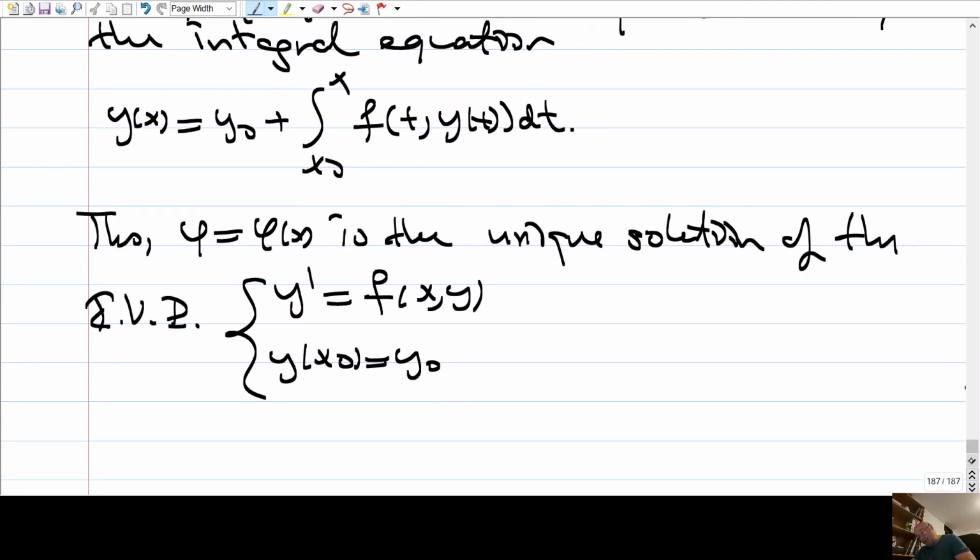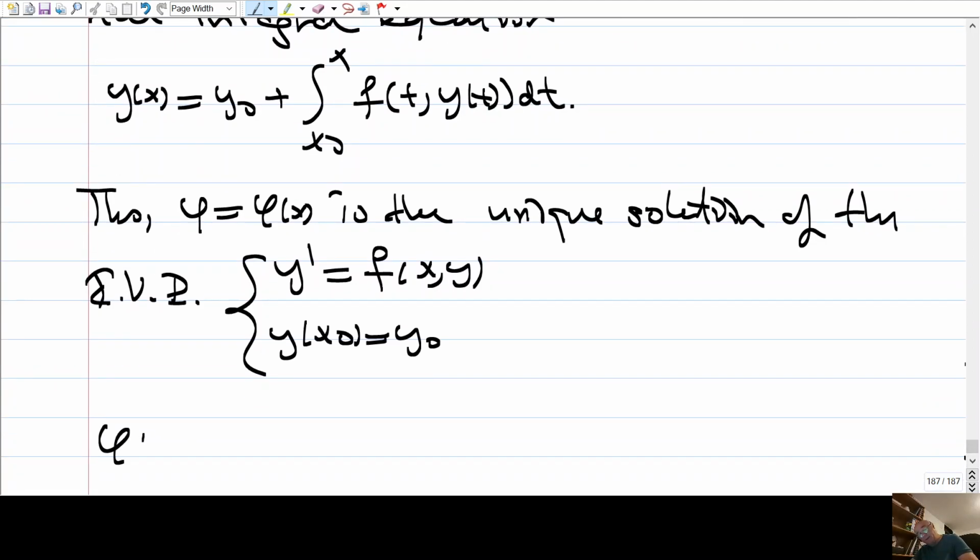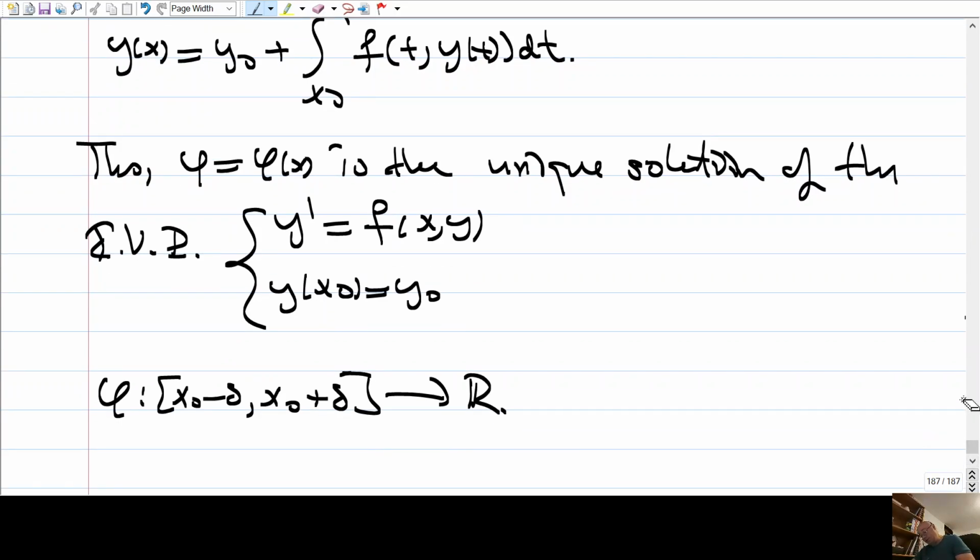Of course, this function is not defined on the whole rectangle, it is defined only on this interval, x0 minus delta, x0 plus delta. Okay. And this finishes the proof.